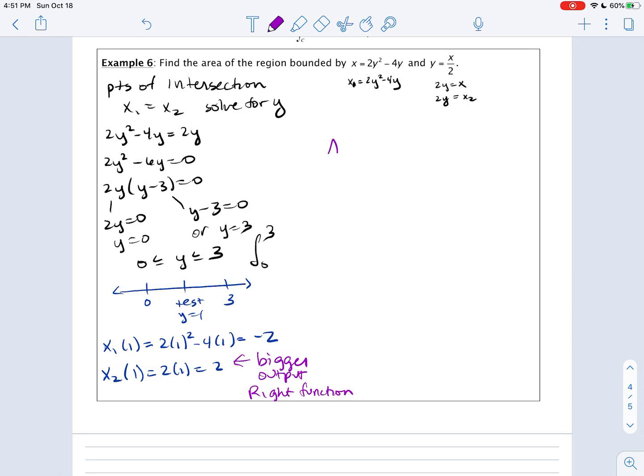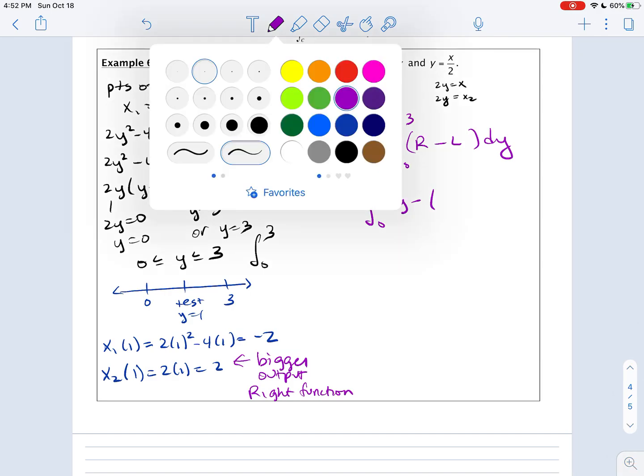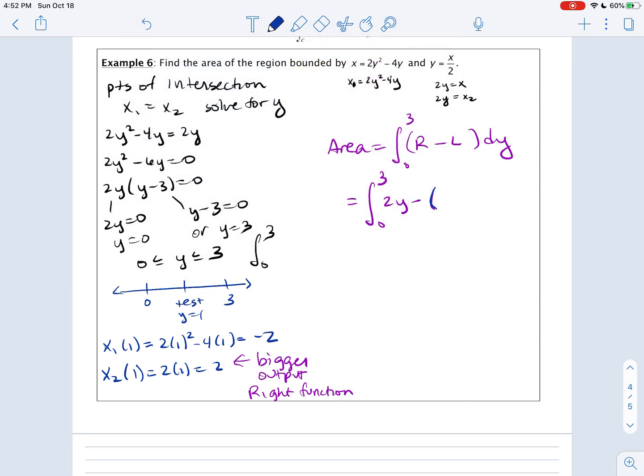So now I can put together my area. My area is going to be from 0 to 3 of my right minus left, dy, because it's in terms of dy. My right function is 2y, so I'm going to put 2y, and then I'm going to take away the entire function, so don't forget to put that in parentheses. My entire function is 2y squared take away 4y.